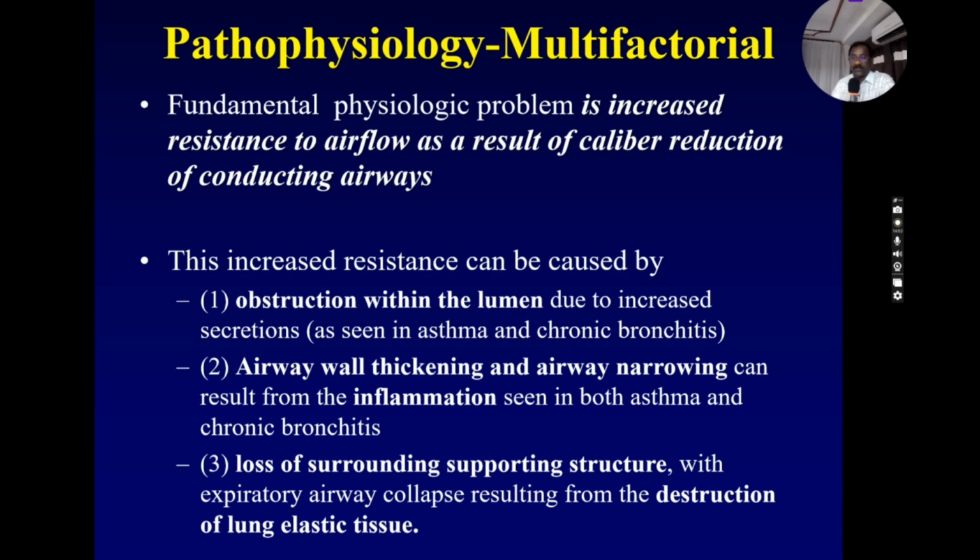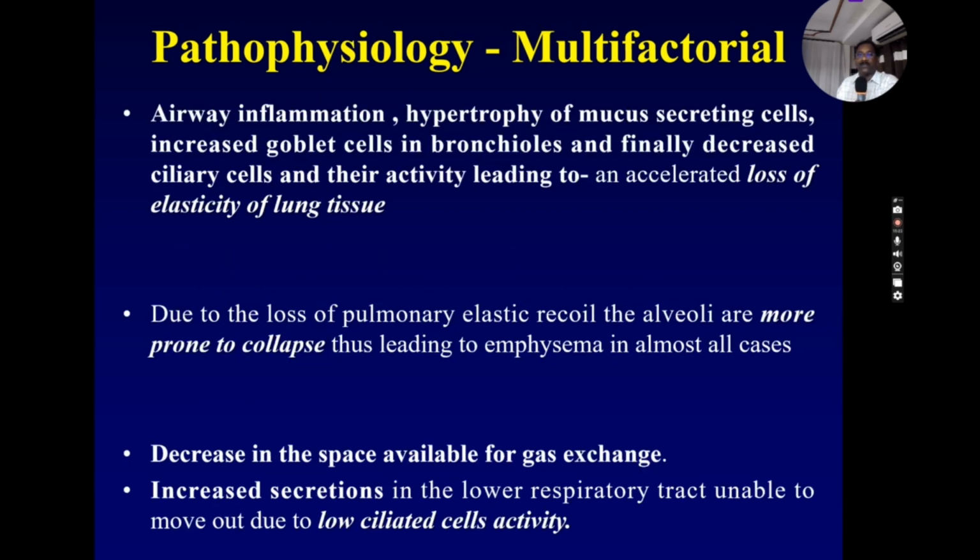So because of the loss of this structure, there will be destruction of this elastic tissue, which leads to toughening of these tissues, so definitely decreased airflow. So it could be obstruction within the lumen with secretions, or wall thickening because of inflammation, or destruction of the lung elastic tissue, that leads to increased resistance. So this is the pathophysiology.